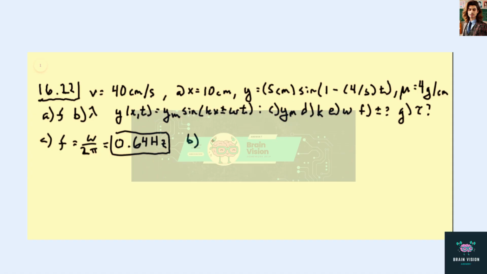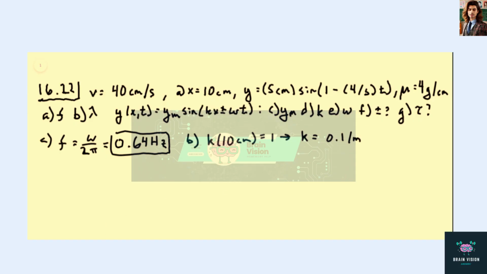Now this 1 is equal to k times our position. So we're told that k times 10 centimeters is equal to 1. And this implies that k is 0.1 radians per meter.